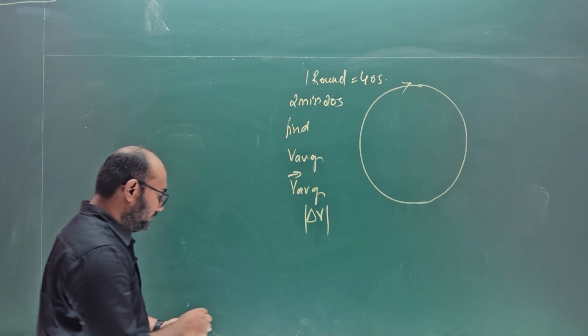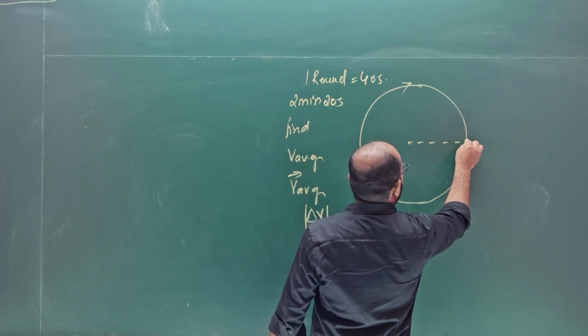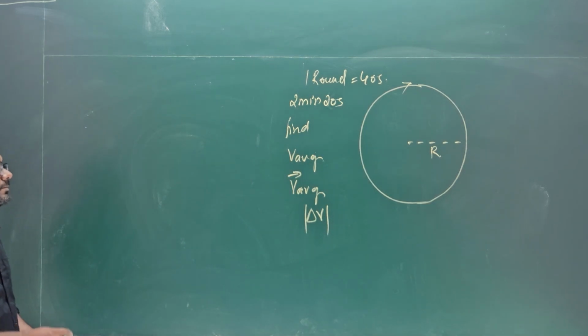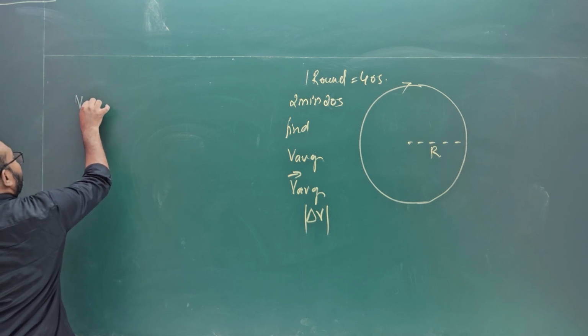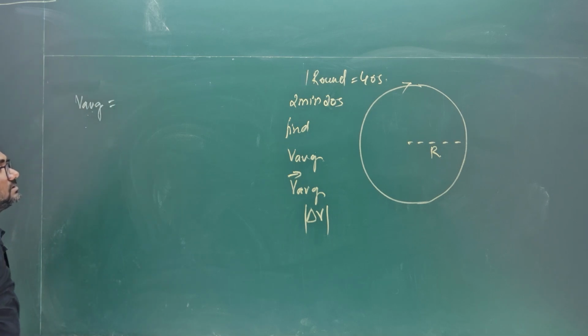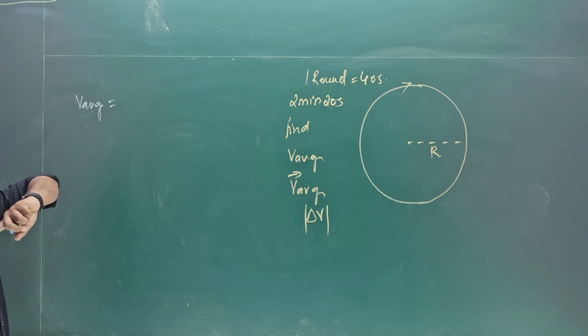Let the radius be R. Let us talk about average speed first. Average speed is nothing but distance over time. 1 round means 2 pi r.